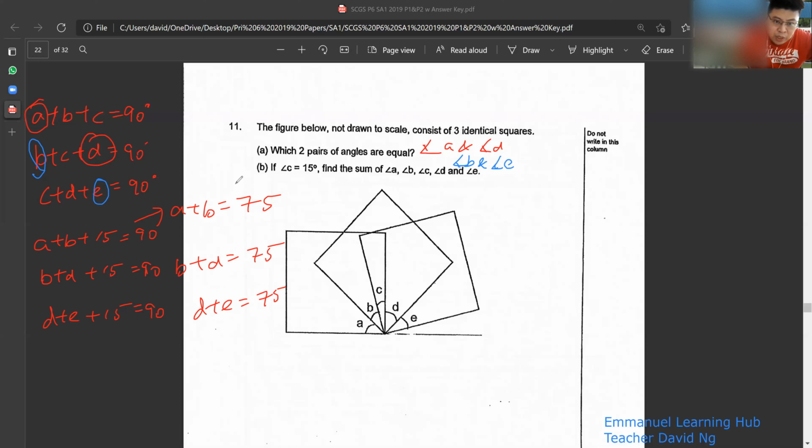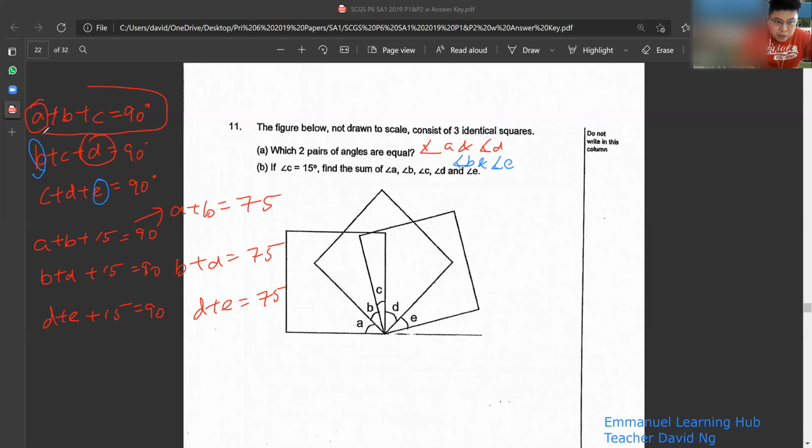Your A plus B is 75, plus your C. B plus D is 75, and D plus E is 75.